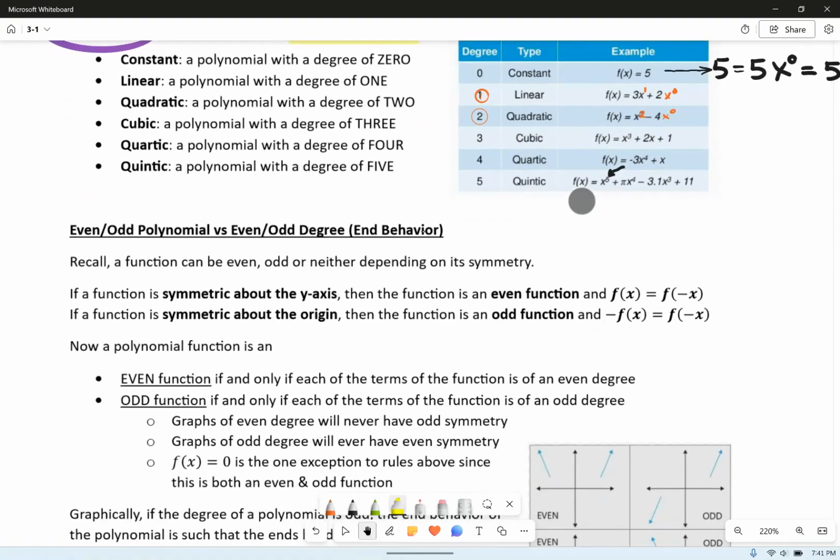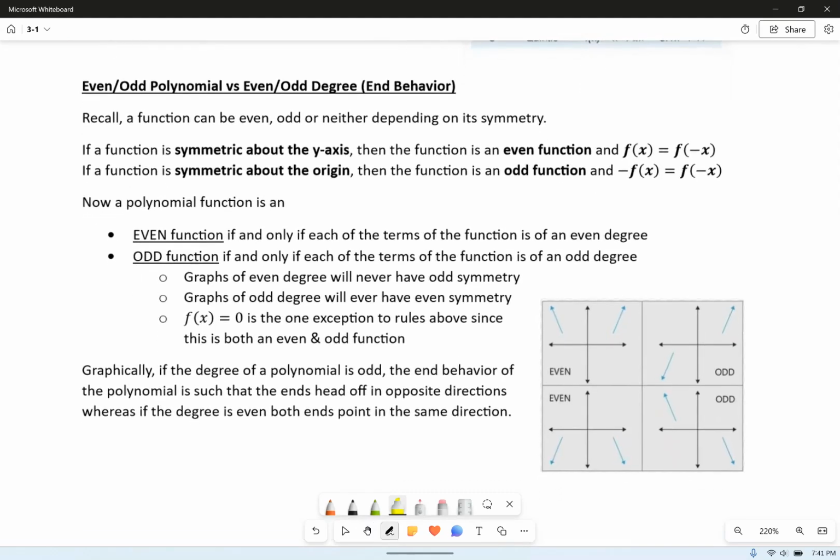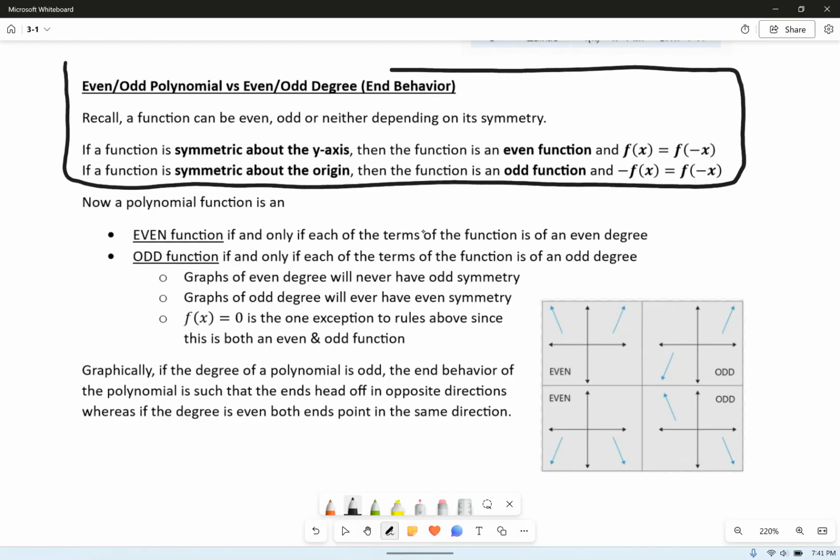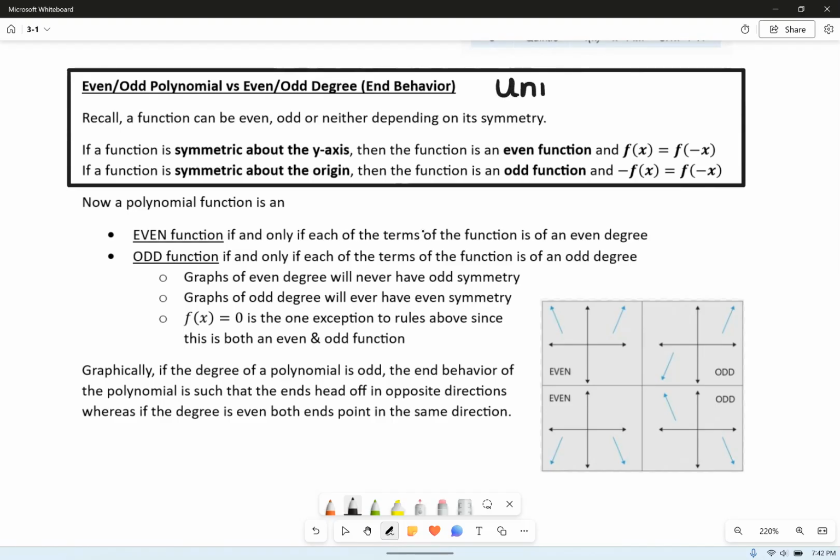All right, so let's go down here, further down on your note-taking guide. You're going to notice that this section here is something of repetition, and it is found in Unit 1. So Unit 1 is where we covered this.